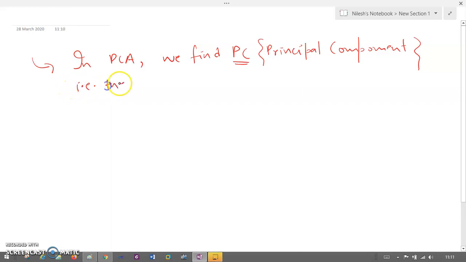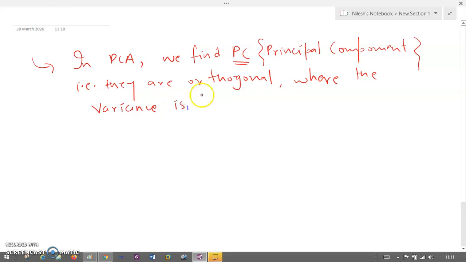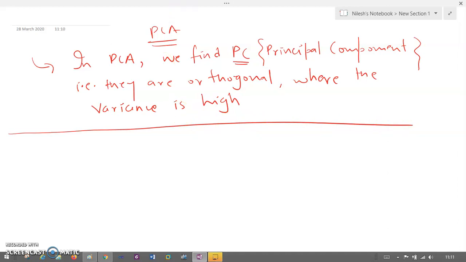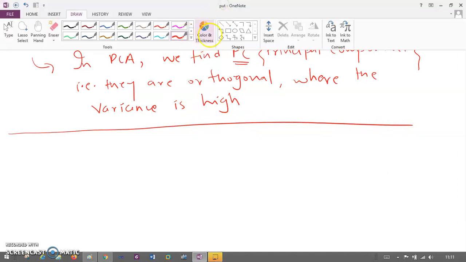They are orthogonal, that we had seen in the algorithm itself. U and V, they are orthogonal, and where the variance is high. This is also important, where the variance is high. So this is for PCA, and now we will see what happens in NMF.